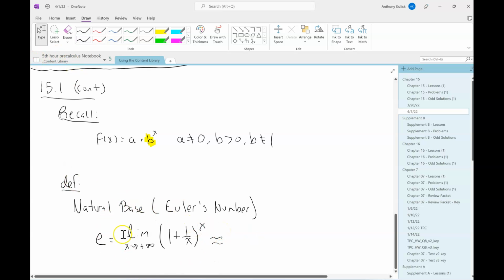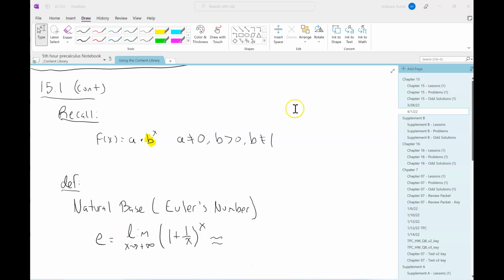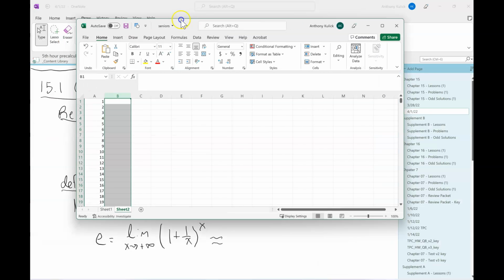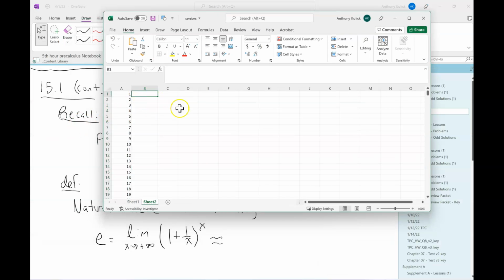So how would we have figured this out? Well, one way we could have done this is computationally. What I've done here in the first column is a bunch of values, all the way out to 500-something, and then another one at 10,000 or so.